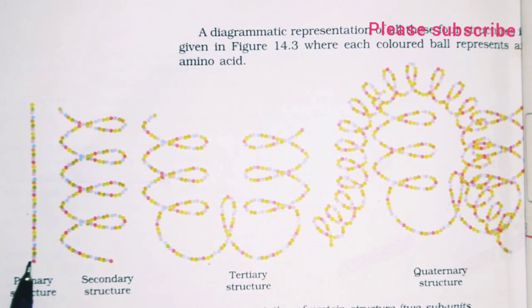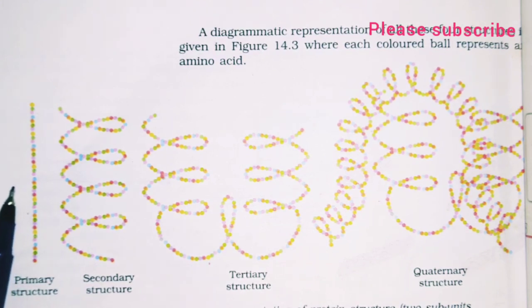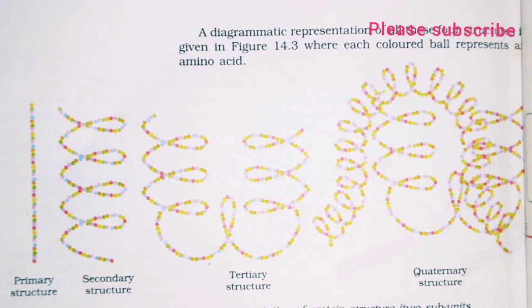Next, because of the hydrogen bonding, folding will take place. Because of the folding we get the alpha helix structure. Here the alpha helix structure is given. Otherwise we also get some beta pleated. This is called the secondary structure. It indicates that because of the hydrogen bonding some folding takes place.